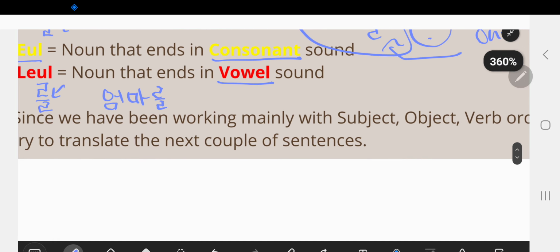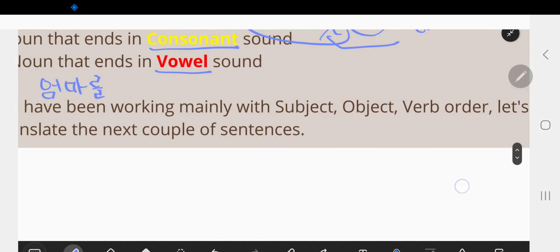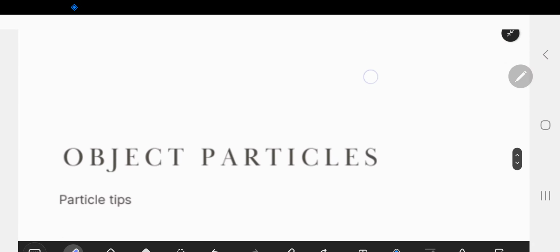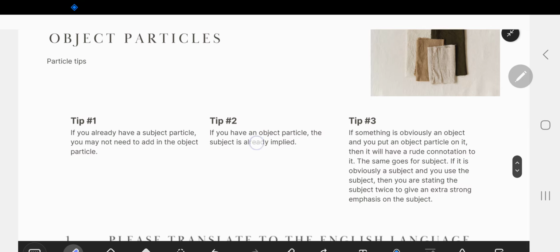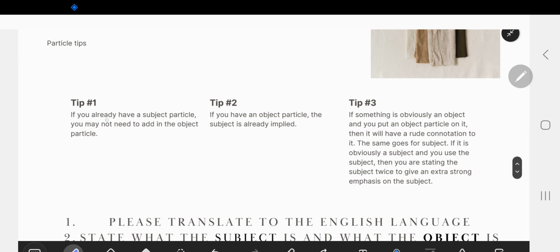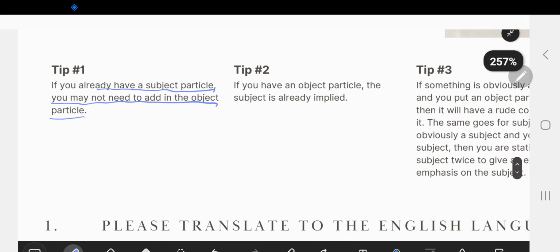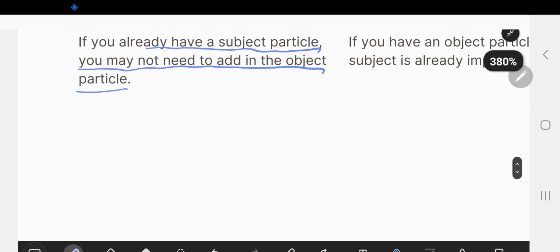So since we've been working mainly with subject, object, verb order, let's quickly try to translate the next couple of sentences. Object particles. Here's tip number 1. If you already have a subject particle, you may not need to add in the object particle. What do I mean by this?